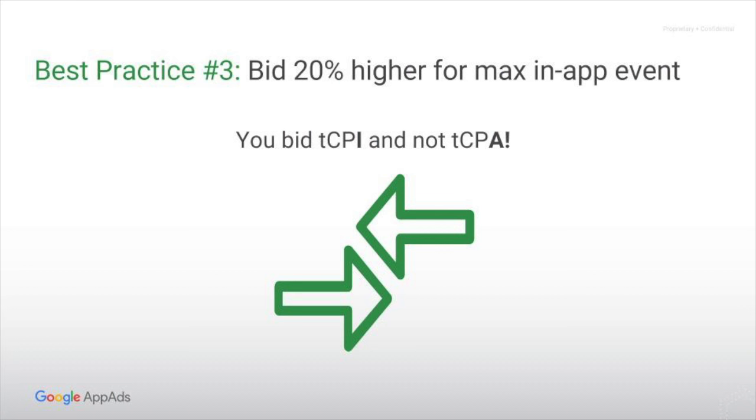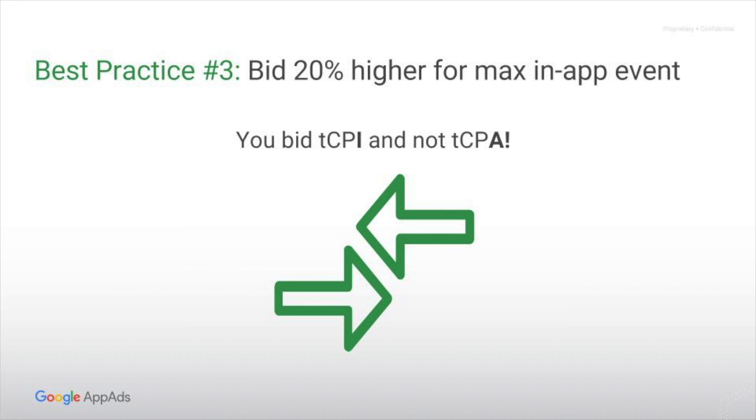For the third best practice, I'll just say that for users who are now transitioning from our maximization of installs strategy into maximizing in-app events, you should bid 20% higher for the in-app TCPI. The interesting thing about how UAC works is we actually are still bidding on installs.